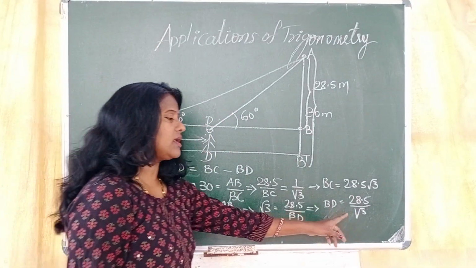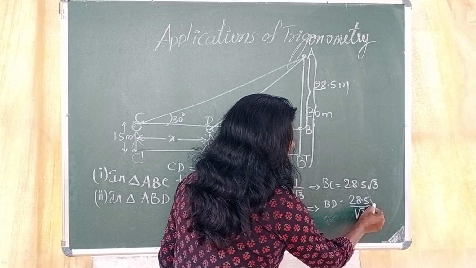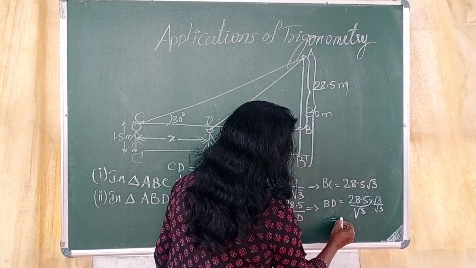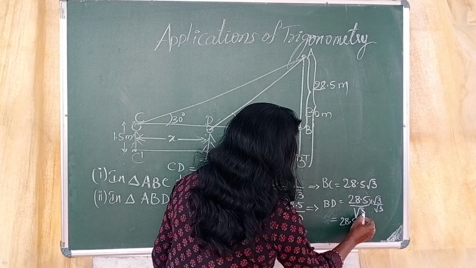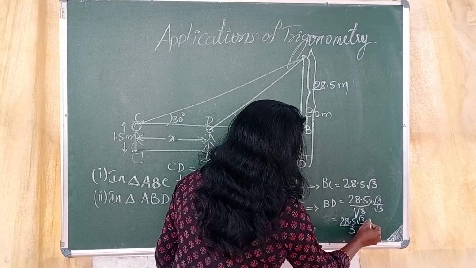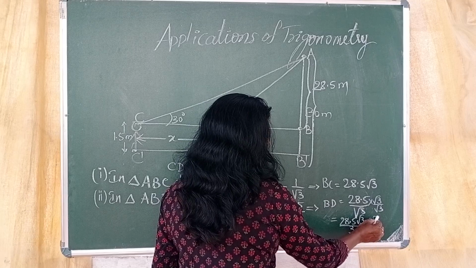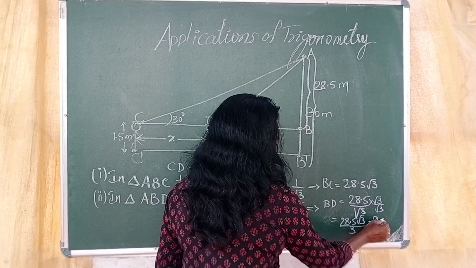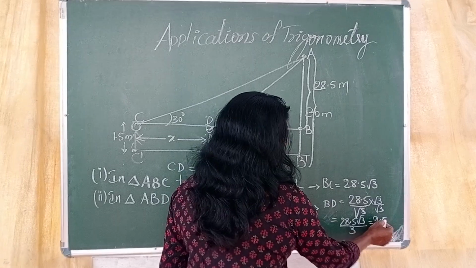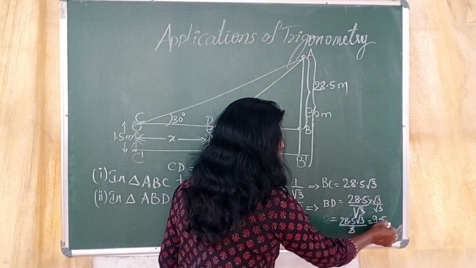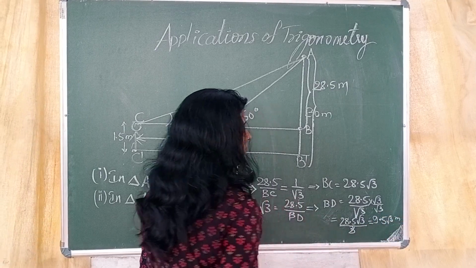Now you want to rationalize this. So this becomes root 3 by root 3 and it is equal to 28.5 root 3 divided by 3. If you want to cancel this, 3 9s are 27, so 9.5 meter, root 3 meters.